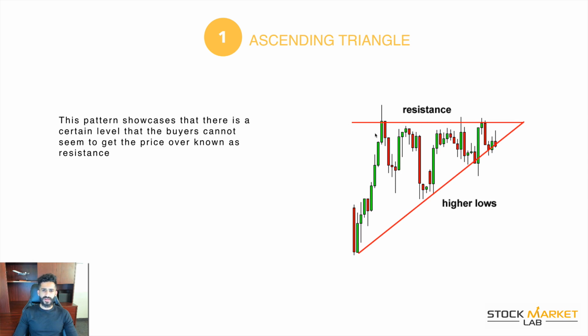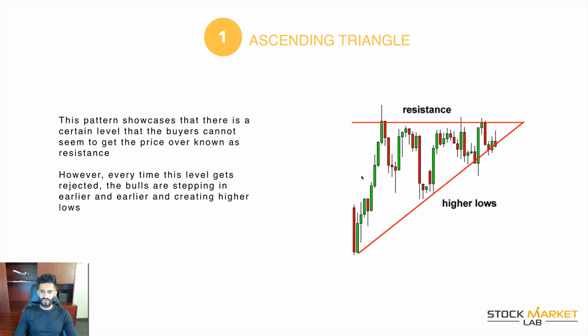Now, the fascinating thing about the ascending triangle is that every time this level gets rejected, the bulls are stepping in earlier and earlier and creating higher lows. If you look here, the stock goes up, bears reject the price, it goes down, goes up, goes down, goes up, goes down.